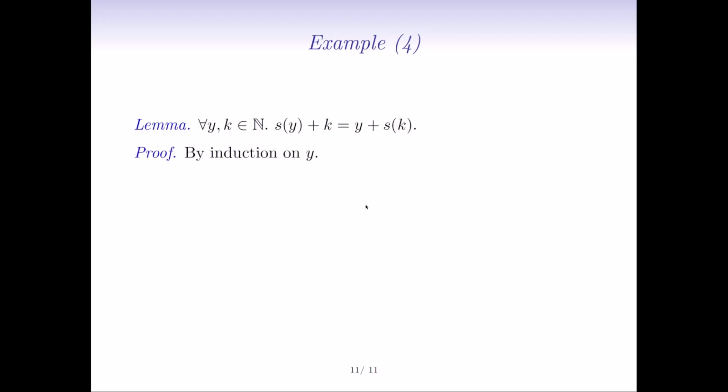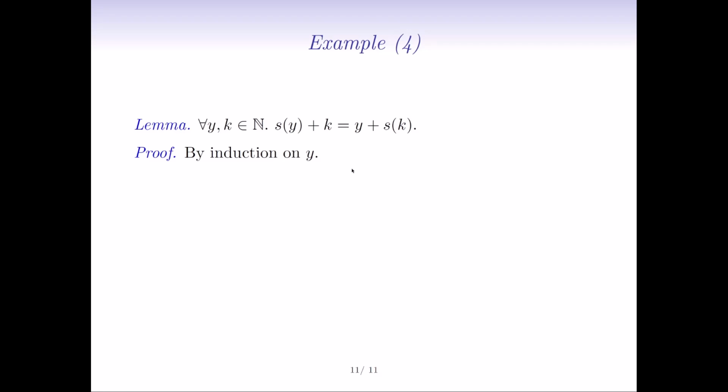I'm going to proceed by induction on y. Here, actually, I do have a choice. I could proceed by induction on y or by induction on k. But proceeding by induction on k is not wise, and the reason is that plus is defined by induction on its left-hand argument.